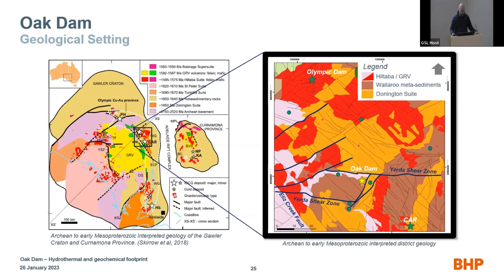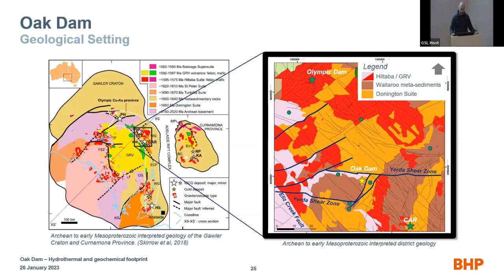If we zoom into the district geology on the right, the deposit is hosted by the 1.85 billion years old Donington intrusive suite. These rock units have been overlain by metasediments of about 1.75 billion years old of the Wallaroo group.